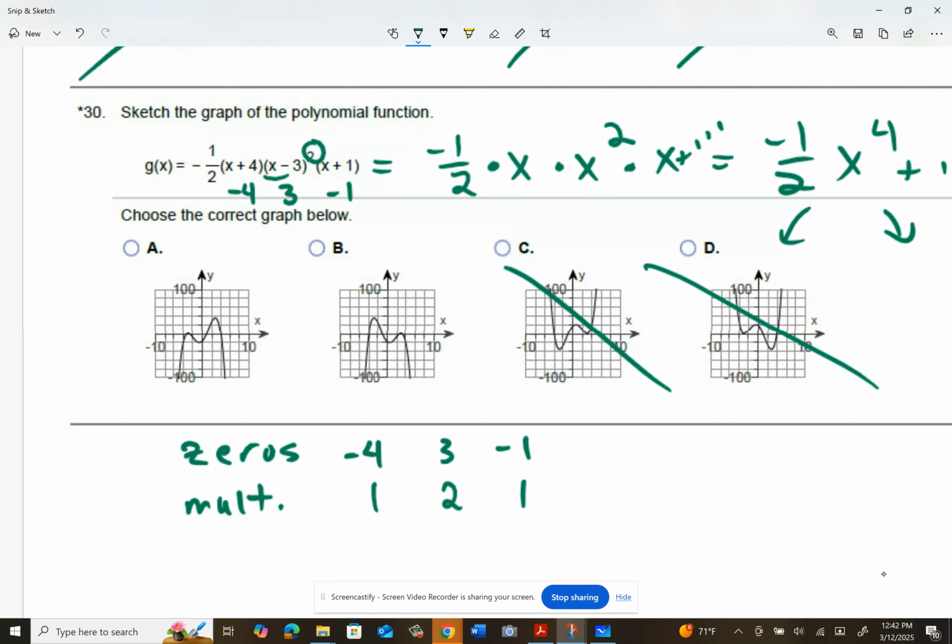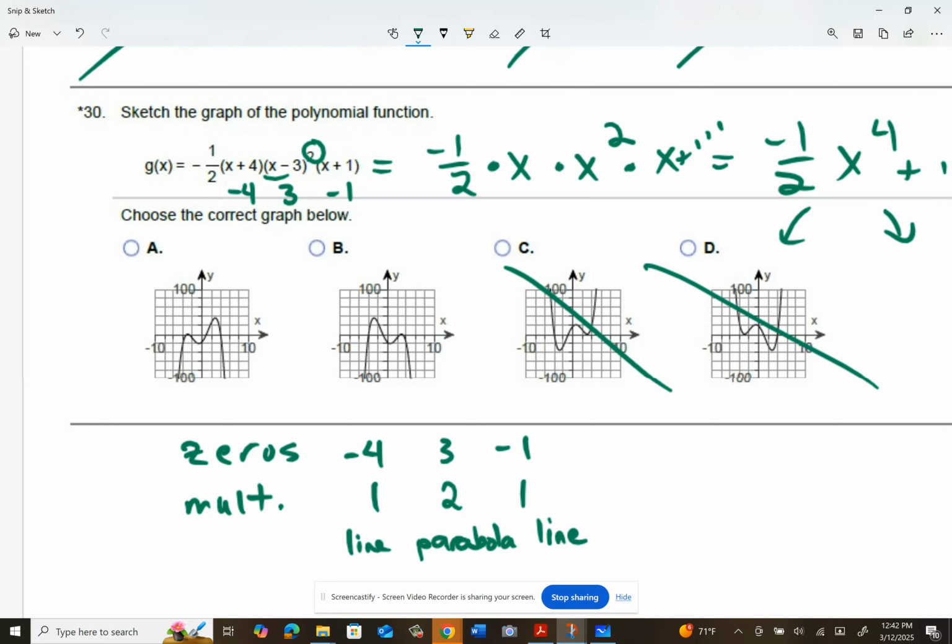So this is going to be like a line. This is going to be behaving like a parabola. And this one's going to be behaving like a line. So it should pass through at -4. Also, it should just cross at -1. Okay, but then at 3, it should bounce. So I have to think about the scale on this.